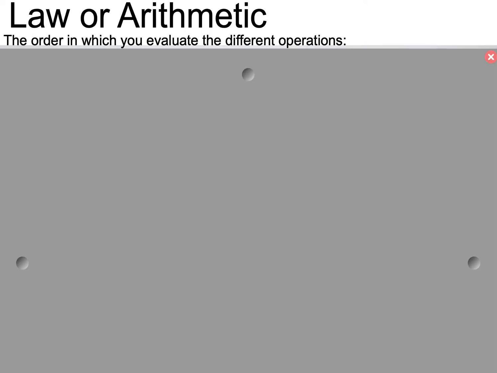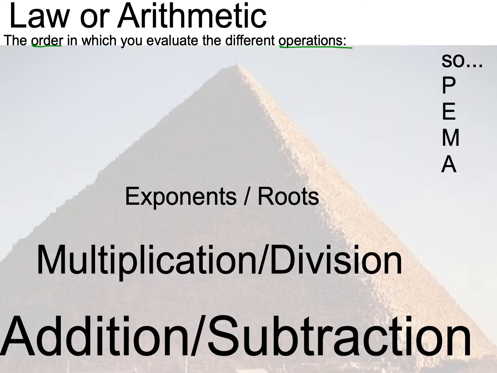Now all of this comes together to create the law of arithmetic, which most people call the order of operations. I call it the law of arithmetic for good reason. But you probably know it as PEMDAS. I leave out the D and the S because multiplication and division are kind of the same thing, and addition and subtraction are kind of the same thing.